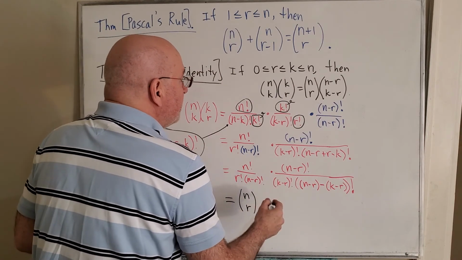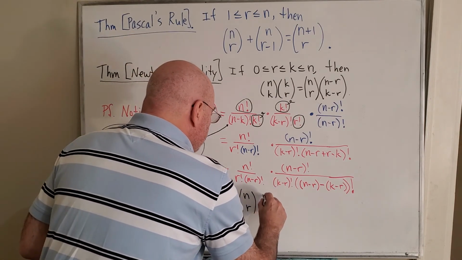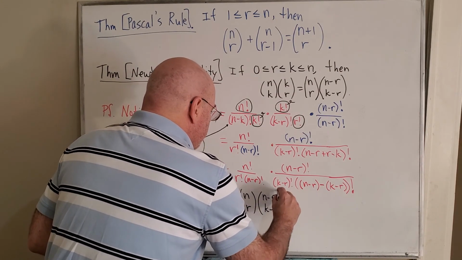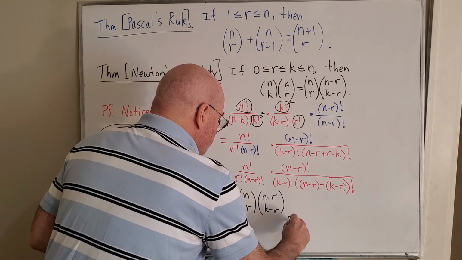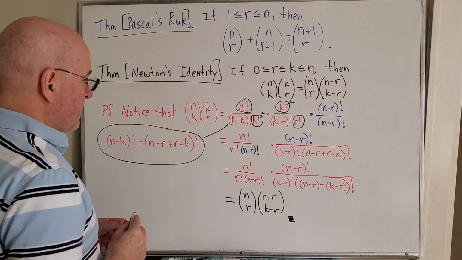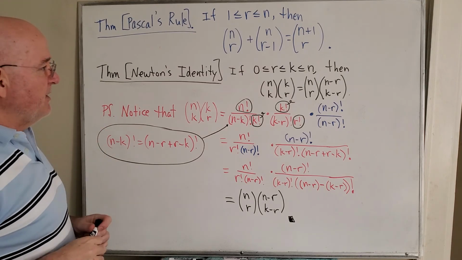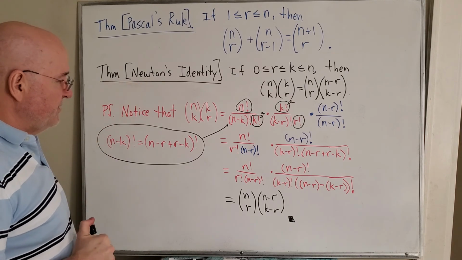So that's exactly what we have. A couple little tricks in there, but basically a lot of algebra. And we just proved Newton's identity.